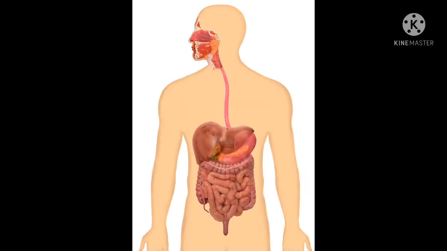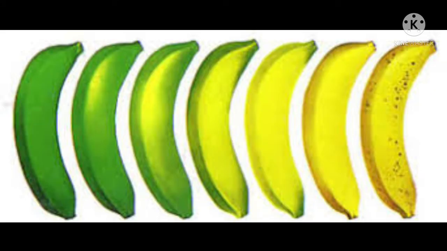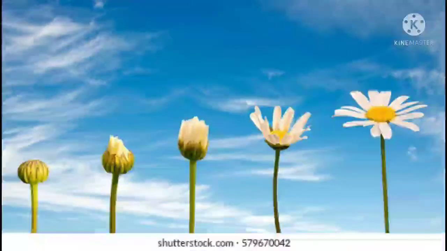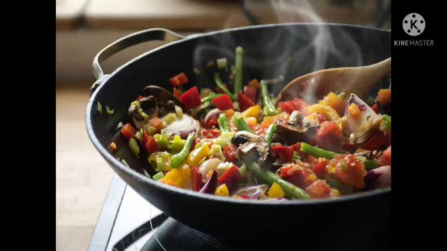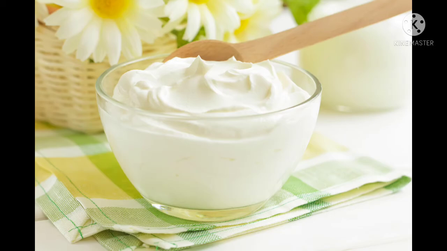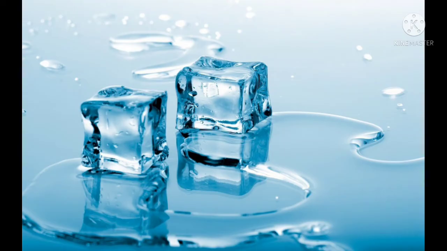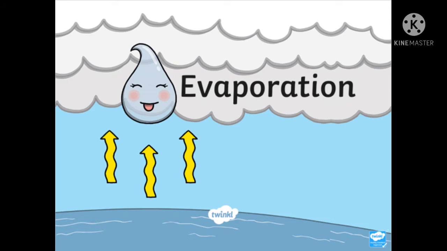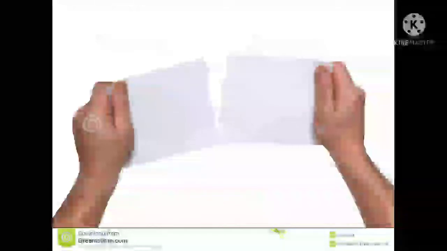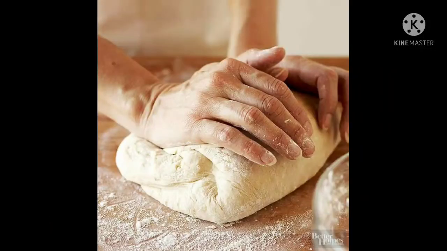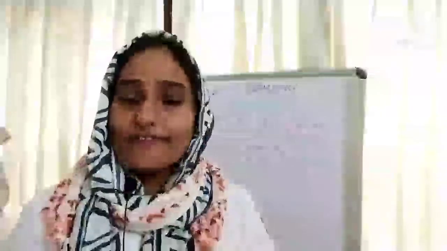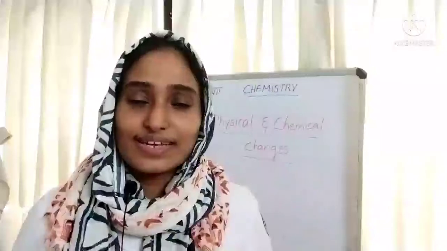Respiration, digestion, ripening of fruits, blooming of flower, cooking, change of milk into curd, melting of ice, evaporation, rusting of iron, tearing of paper, making of dough, etc. So children, everything is change all around us in every moment.